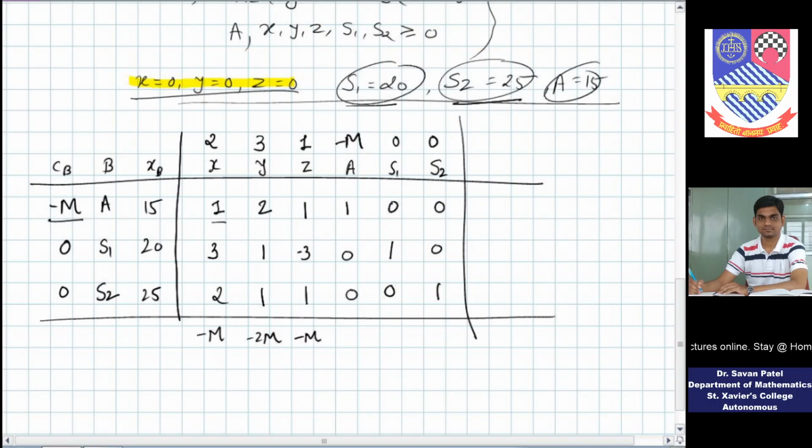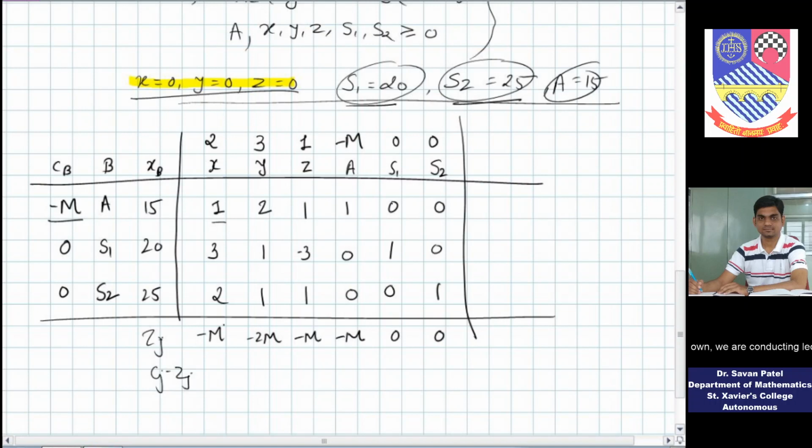Minus m with 1, so minus m, 0 and 0. These are Zj's. And for the Cj minus Zj, it means 2 minus minus m.